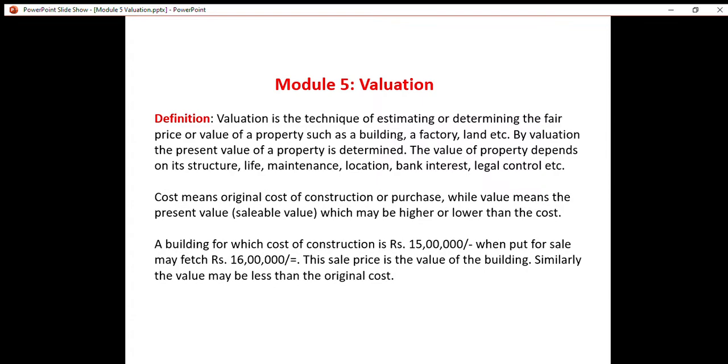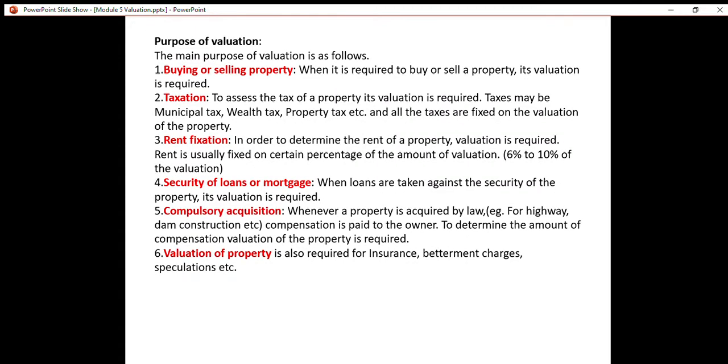Its selling price by that time was rupees 15,000. Even after 30 years, if the same bike is put up for sale, its present price is more than 15,000, that is, it sells at around rupees 20 to 25,000. Therefore, the valuation may be higher or lower than the original cost.